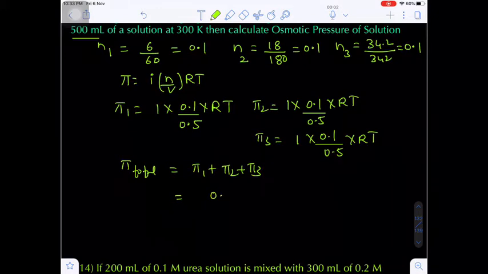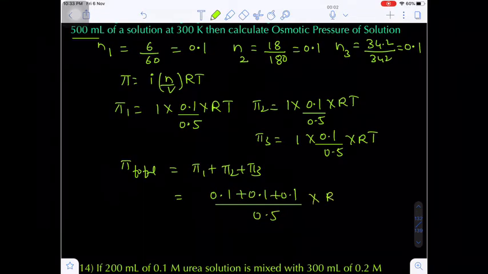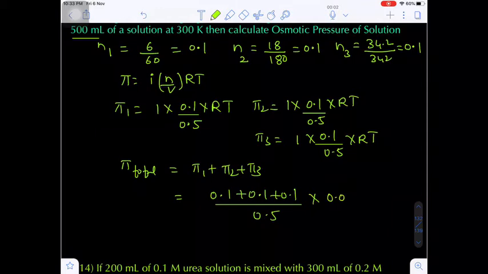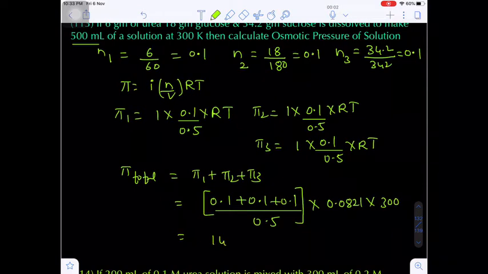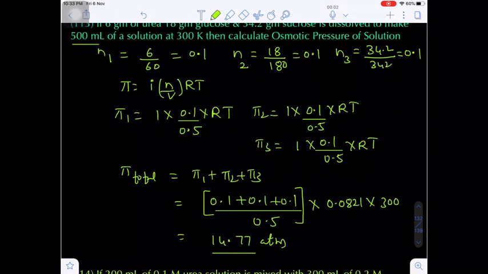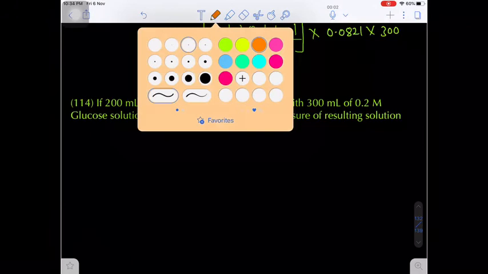So overall you will have 0.1 plus 0.1 plus 0.1 whole divided by 0.5, and the common value will be R and T. So R value we know, 0.0821, and the temperature value we know, that will be 300 Kelvin. After simplification you will get the total osmotic pressure as 14.77 atmospheres. Okay.